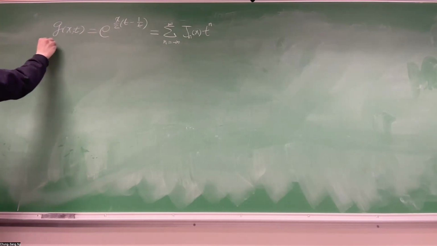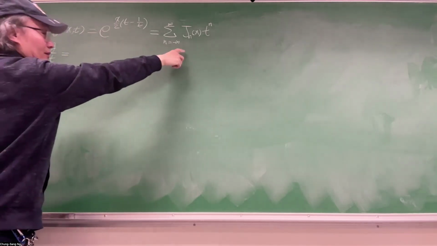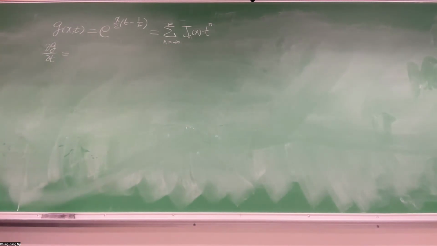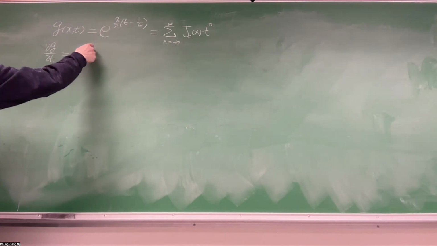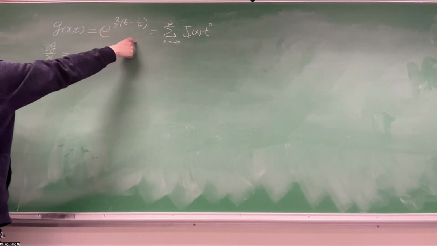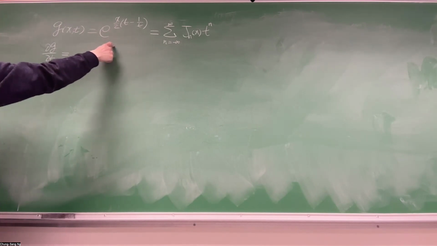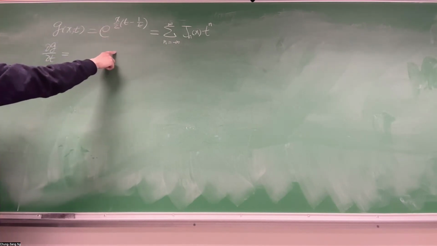So we take partial g, partial t, and you can do the derivative on the left-hand side and then the right-hand side. The left-hand side: take the derivative of this exponential function, we get the same exponential, times the derivative of the argument.